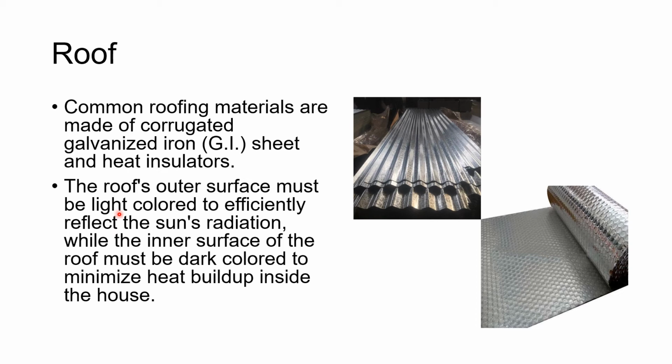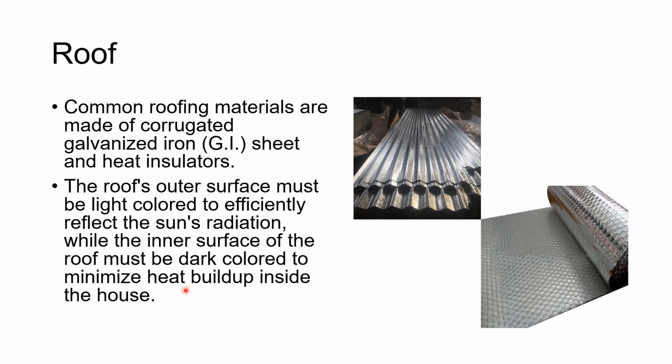So, mas maganda na yung labas ng roof natin, it is light colored in order for it to reflect yung sunlight. While the inner surface, yung side ng roof na nasa loob ng housing, must be dark colored. Bakit? Para ma-minimize yung heat build up inside the house.